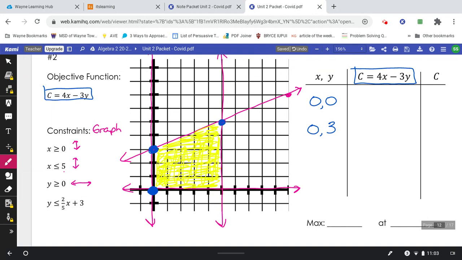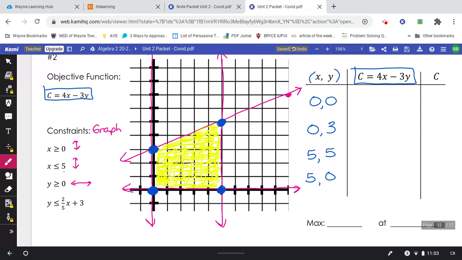This top point over here, counting carefully, 1, 2, 3, 4, 5 over, and 1, 2, 3, 4, 5 up, the 5, 5. Then this last one down here, looks like I went over 5, so 5 for the x, and I didn't go up or down at all, so that would give me the ordered pair 5, 0. So remember, all of these x, y's are your ordered pairs.